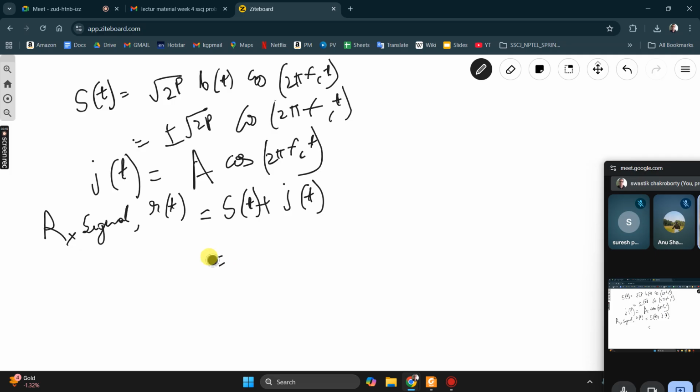Okay, so this is A plus minus root 2P cos 2 pi fct.